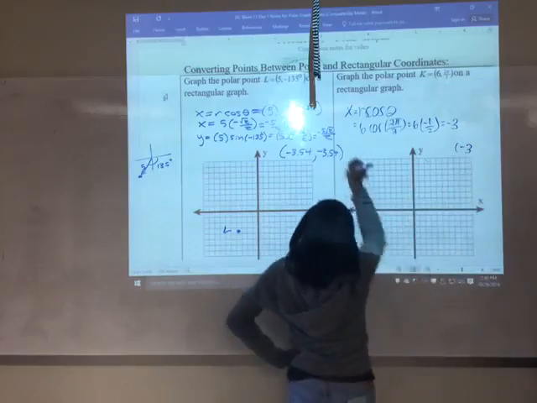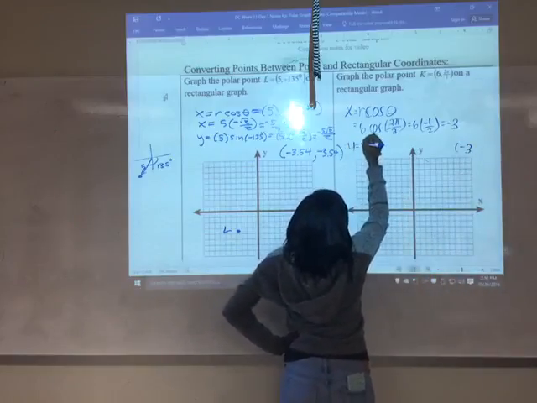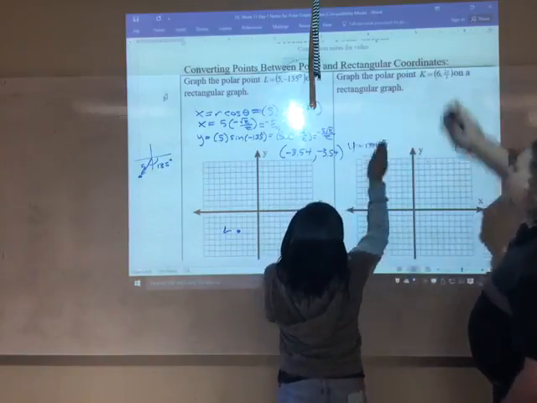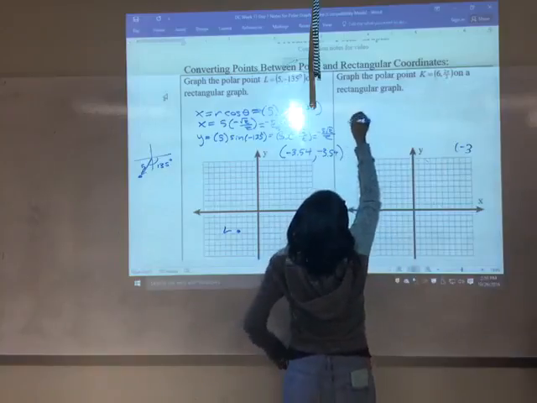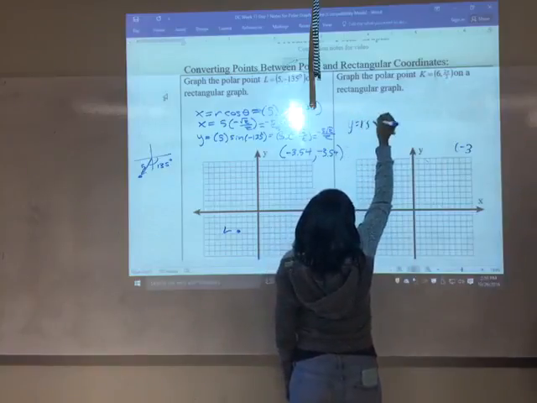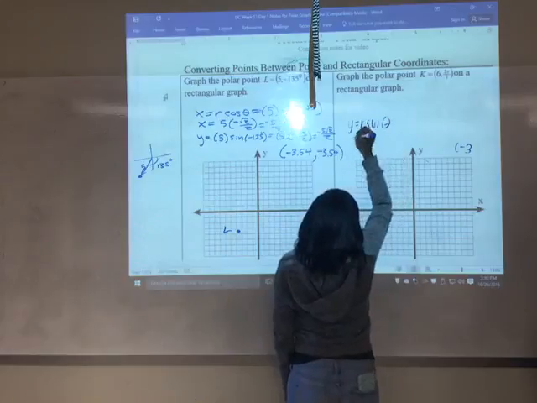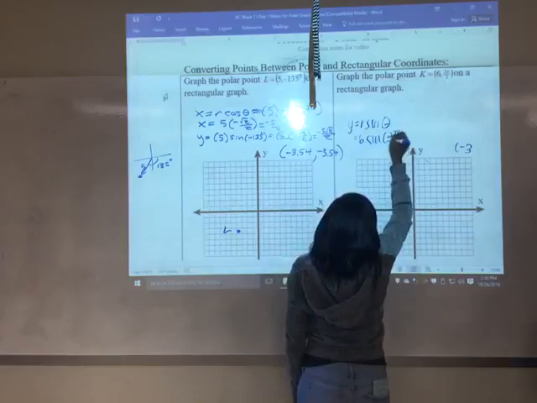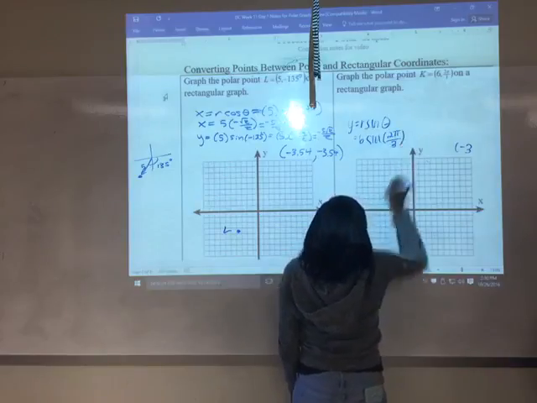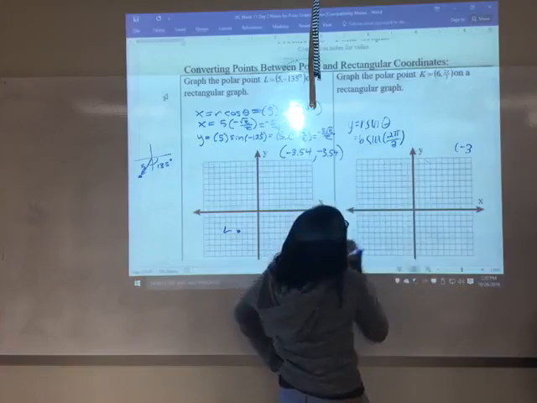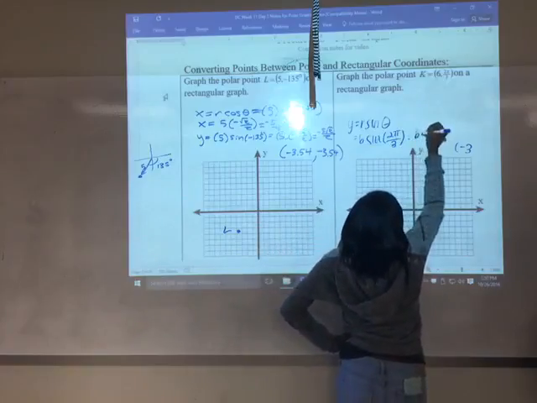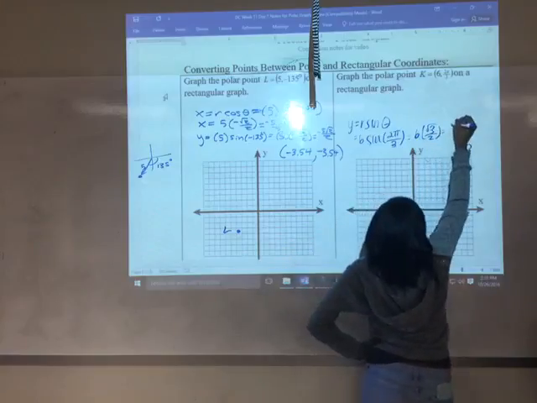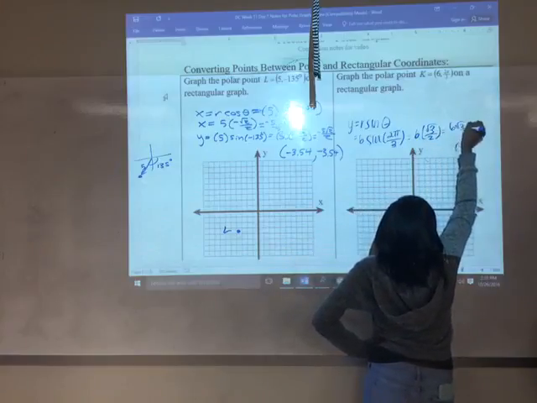So that works. Cool. Then y equals r sine theta, which equals 6 sine 2 pi over 3, which is the square root of 3 over 2. 6 times square root of 3 over 2 is 6 square root of 3 over 2.